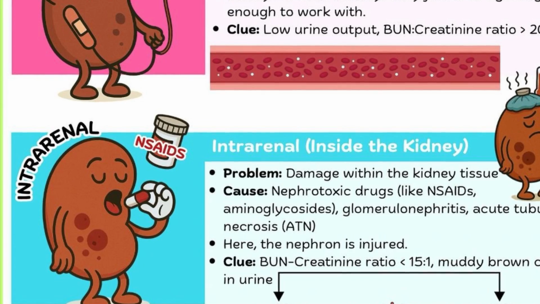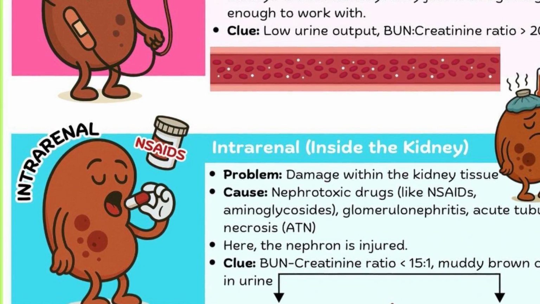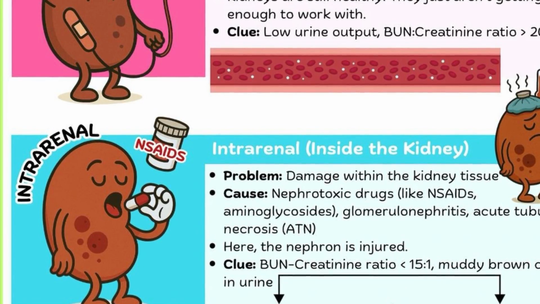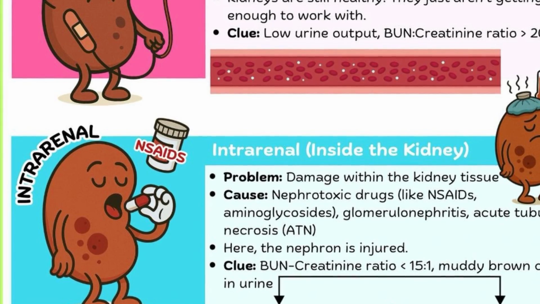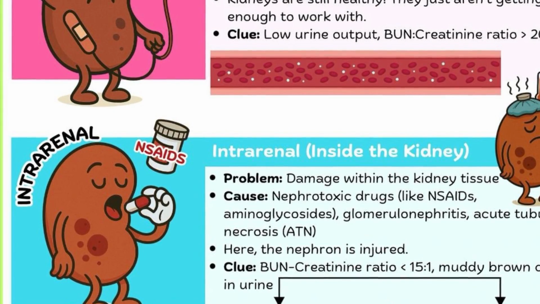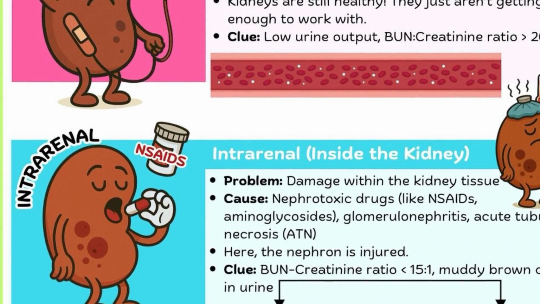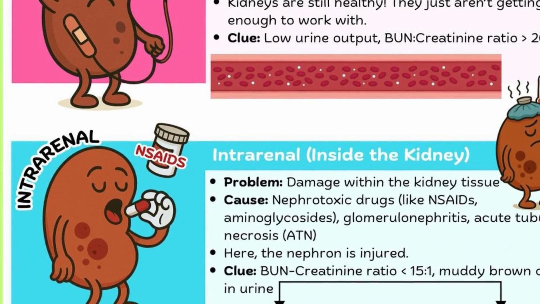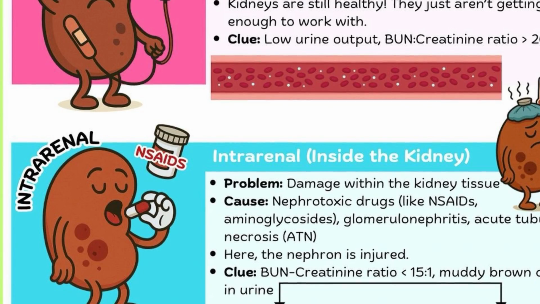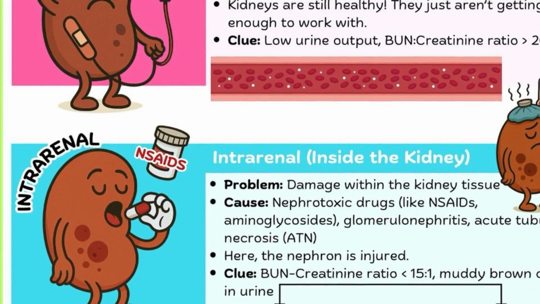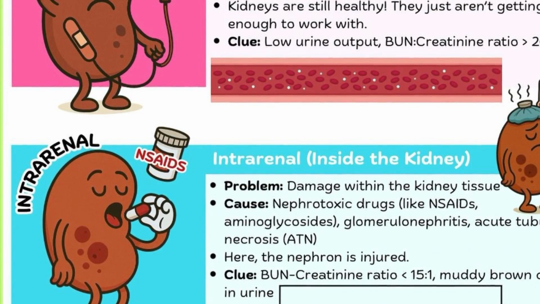Do we know how to treat this person? We sure do, because we did all that last week. So we already know how to treat this person. We do need to tailor it to their cause. If they're showing me signs of fluid volume overload and then I find out that they've had IV contrast dye, I don't need to give them fluids, right?